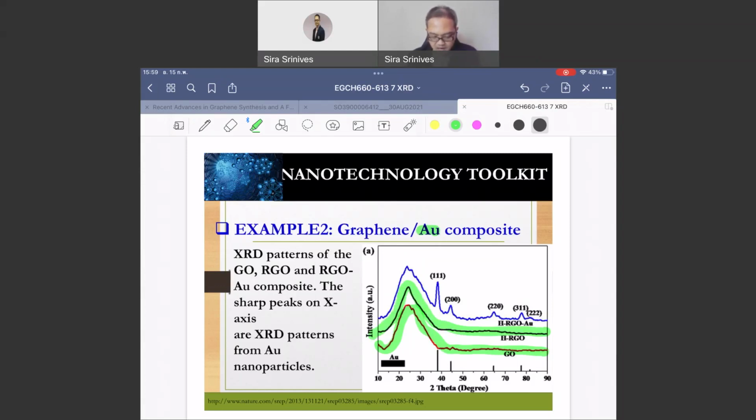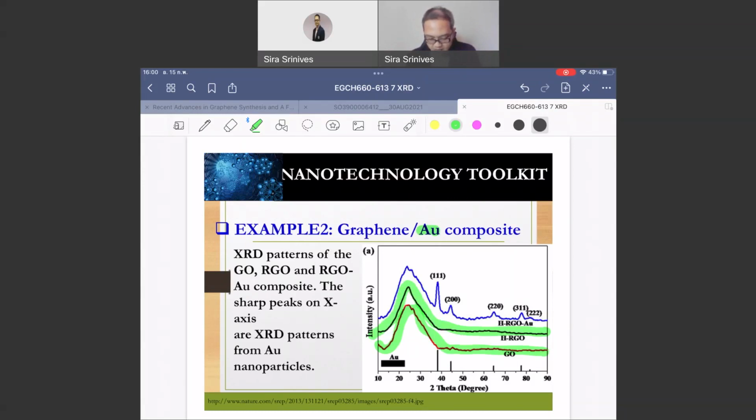The peak still looks pretty much the same on the XRD. So by reducing the graphene oxide to reduced graphene oxide, it doesn't really affect much of the crystal structure. It's just that you remove some functional groups from it and make electron flow easier. Well, you know, I'm a nerd.